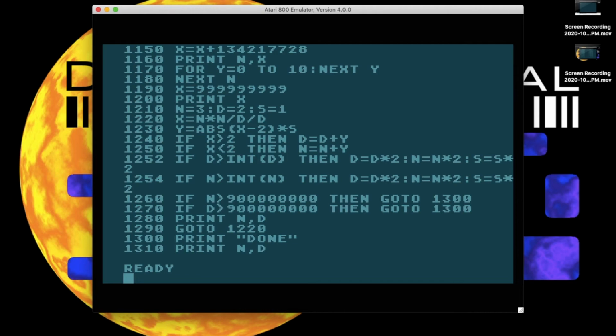So, maybe we should put it in a subroutine, and I don't know. Maybe we need a go-to at the end of that. So come up here and put in a colon and go to its own line, 1252.